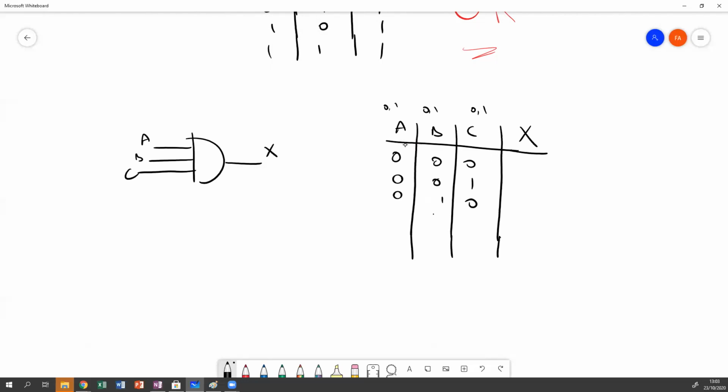When 2 of them are 1, and when all of them are 1.